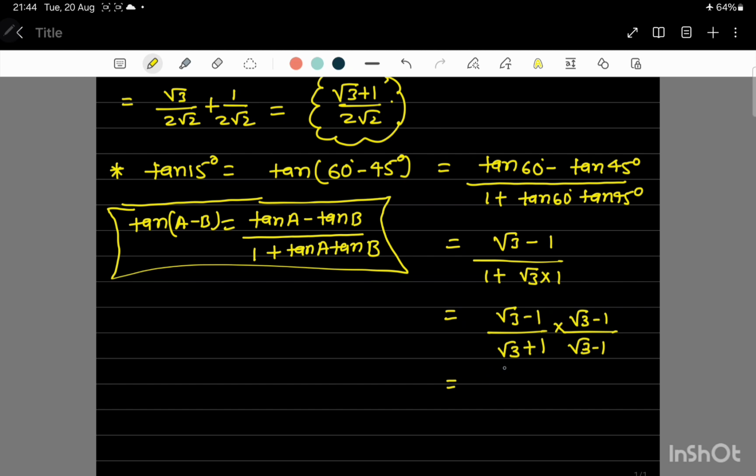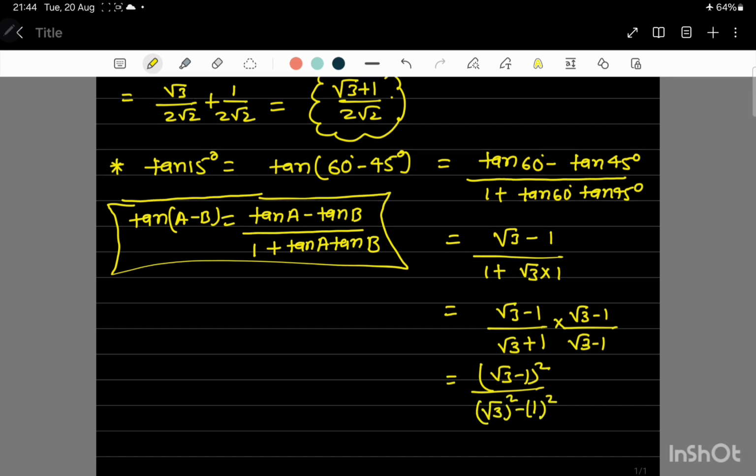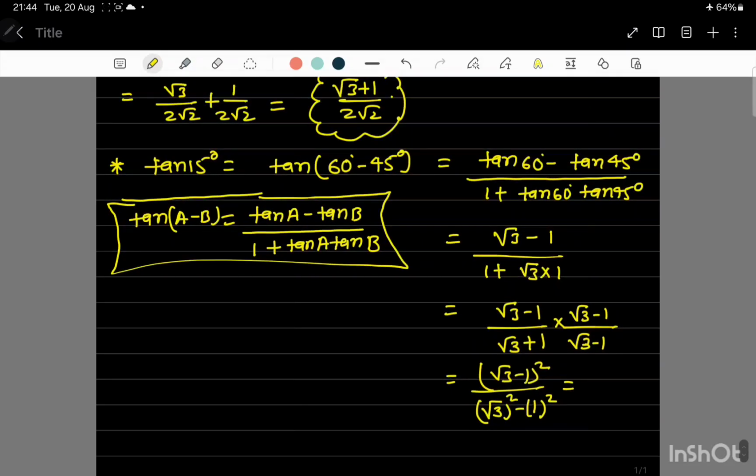So the numerator is root 3 minus 1 whole square, divided by the denominator root 3 square minus 1 square. So root 3 minus 1 whole square is root 3 square, that is 3, plus 1 square is 1, minus 2 root 3, divided by 3 minus 1.